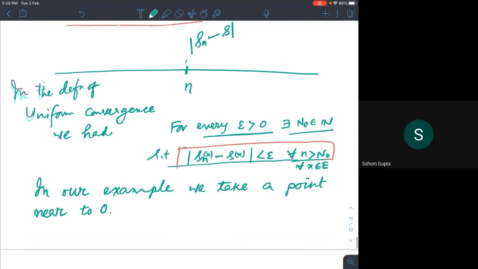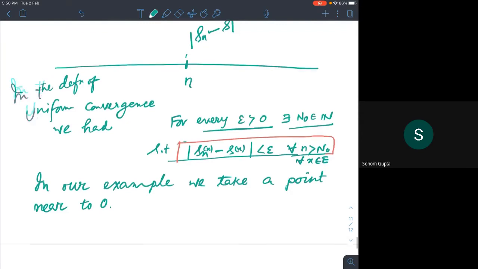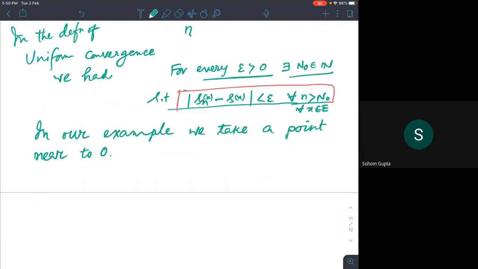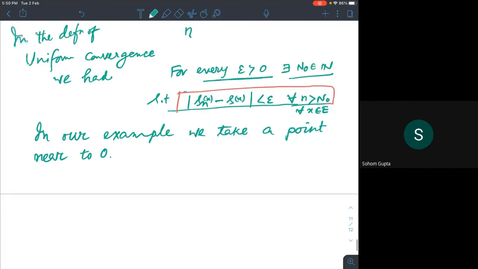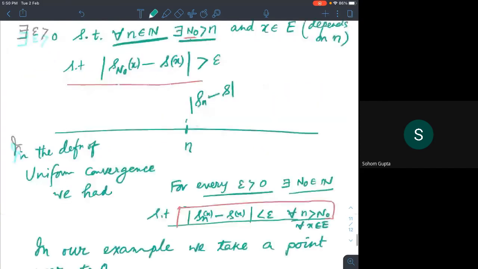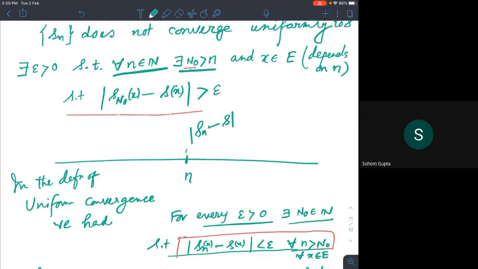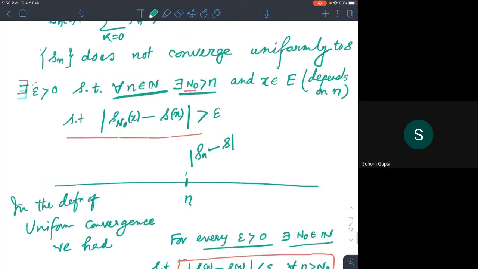And there you will see this Sn minus Sx. Of course, it depends on n naught.